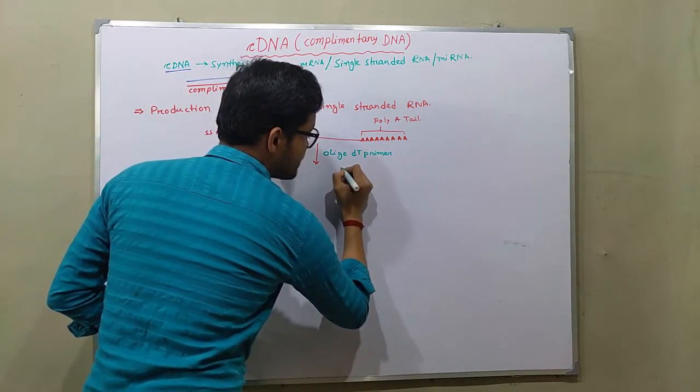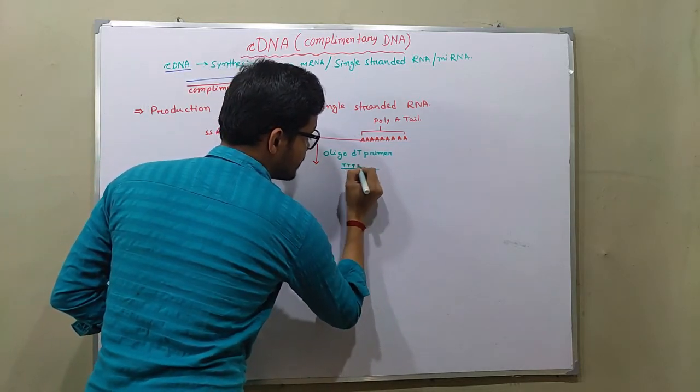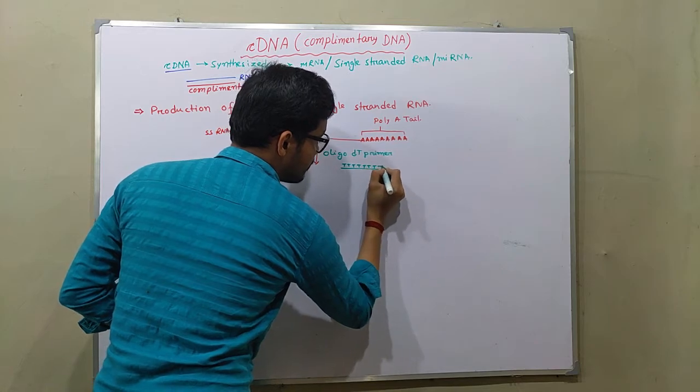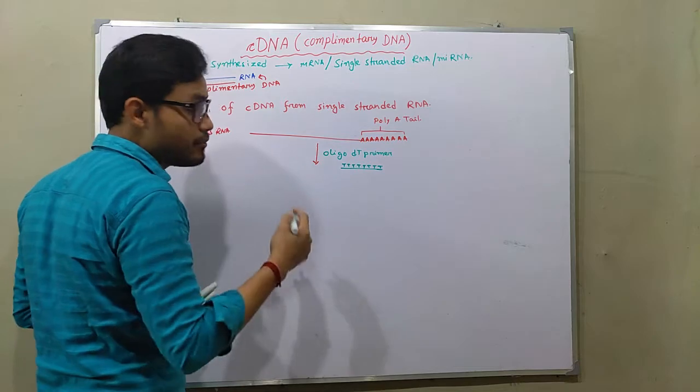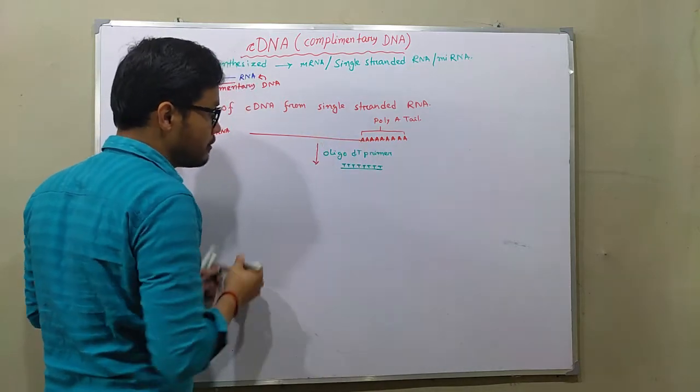So what is the function of oligo dT? This is the oligo dT primer. D stands for deoxyribose and this is thymine.